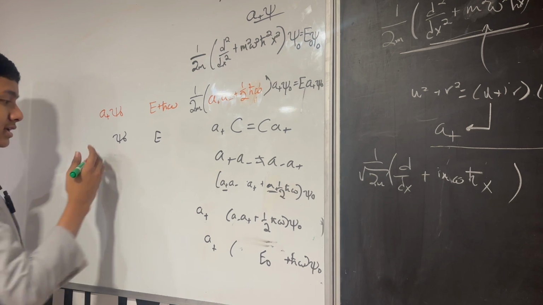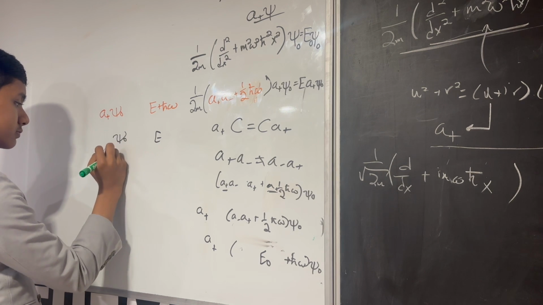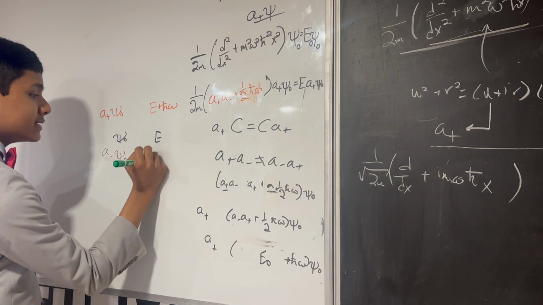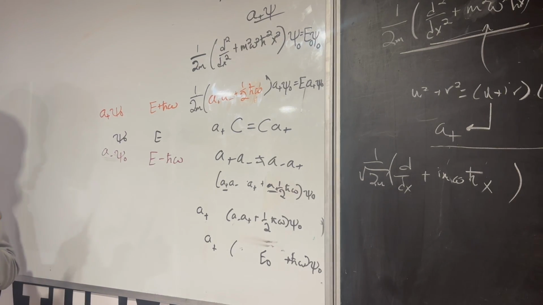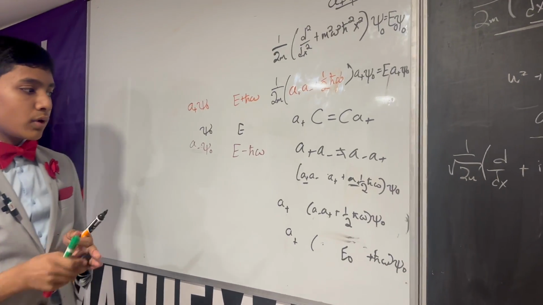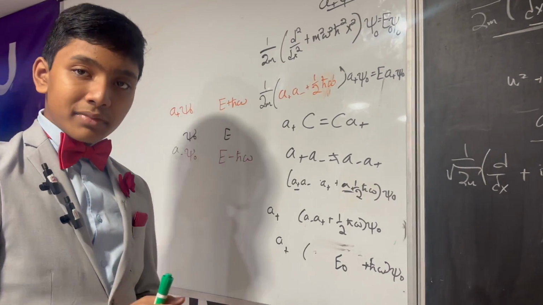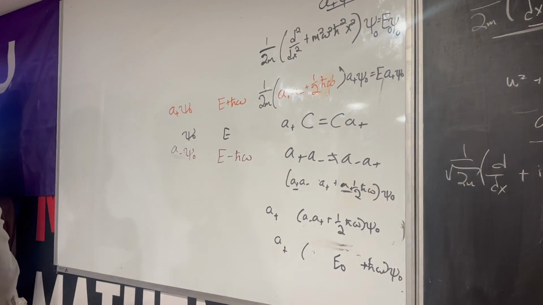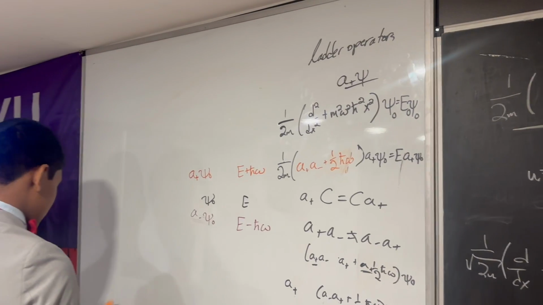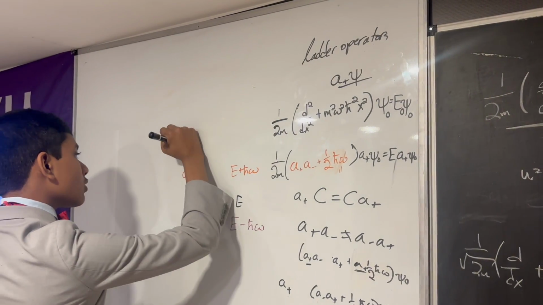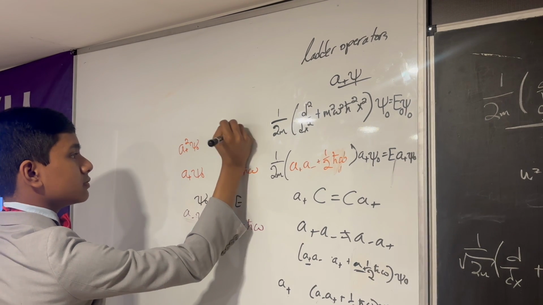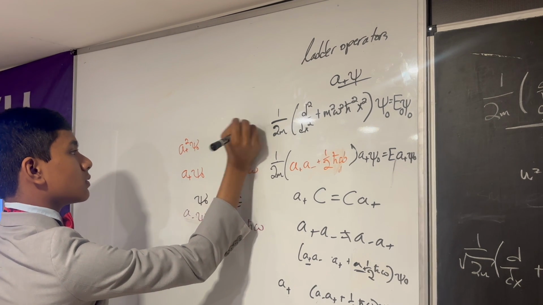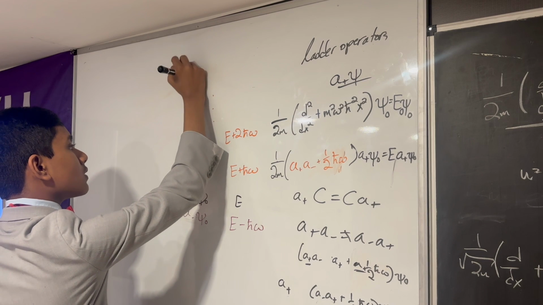Now, you probably have one question here. H bar omega is constant. And so, ostensibly, you can keep raising it with no problem. But what happens if you just keep lowering it?